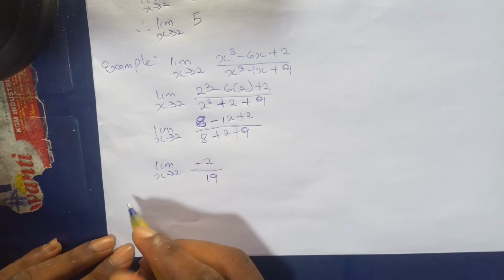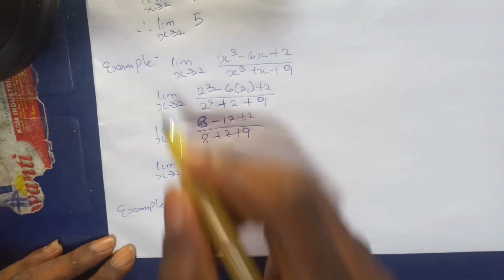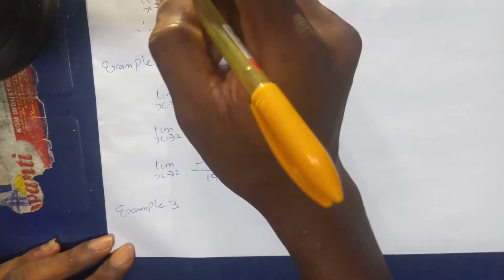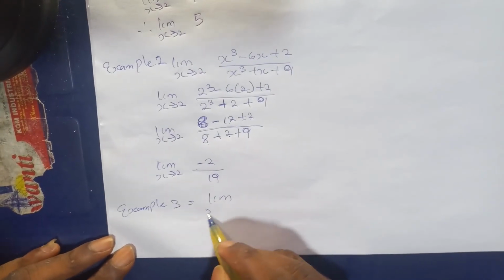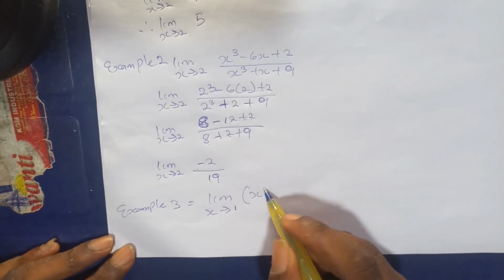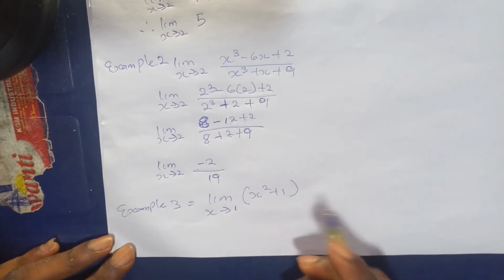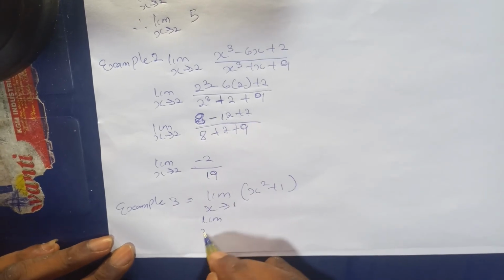Let's take the third example. This is example 3. Now, lim x approaches 1 of x squared plus 1. Just input 1 anywhere you see x.